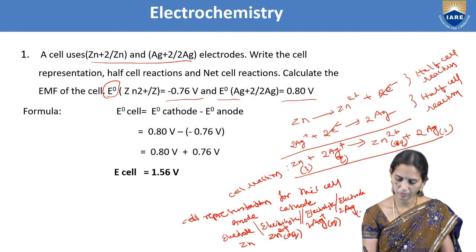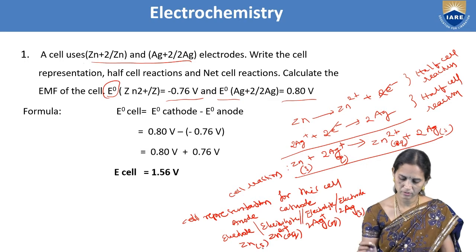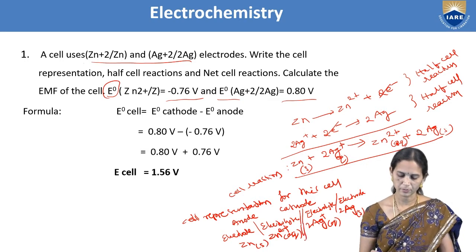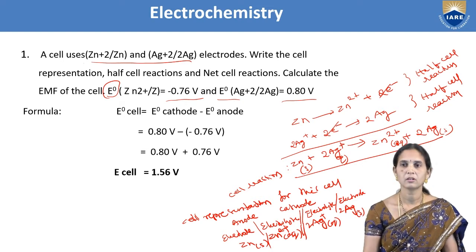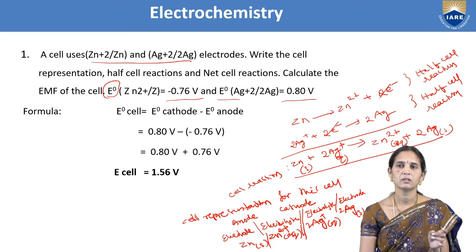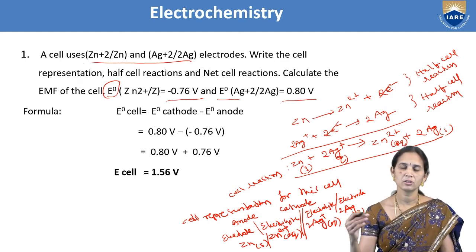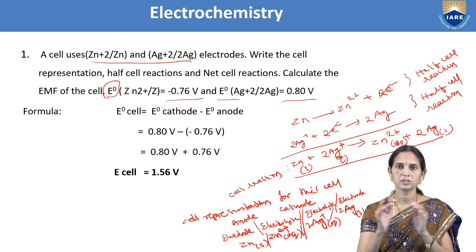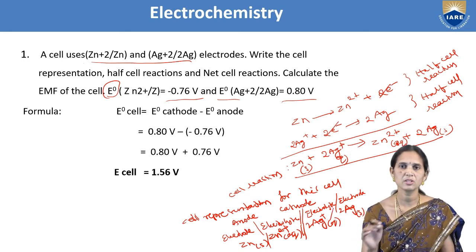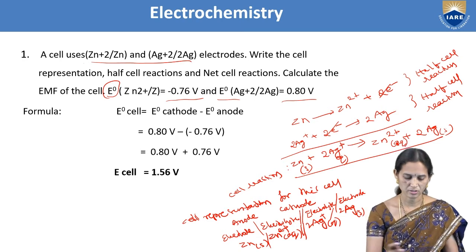So the cell representation is Zn, slash, Zn2 plus, then 2Ag plus, slash, 2Ag. The two half cells are combined with the salt bridge, which we write with a double slash.